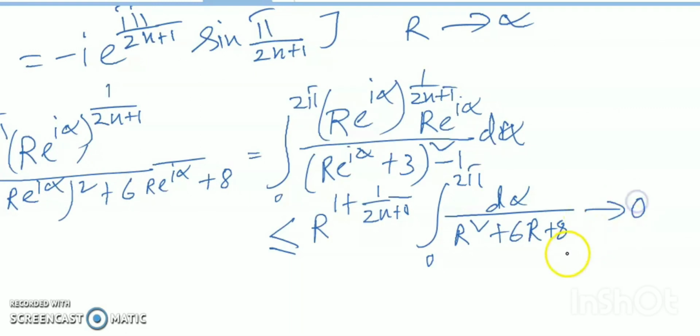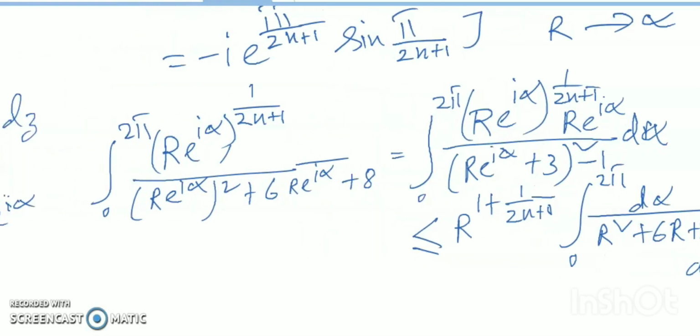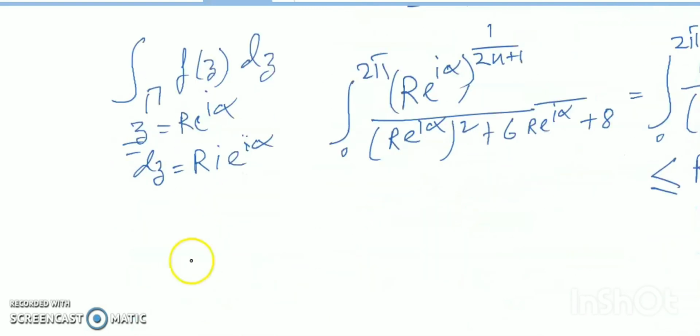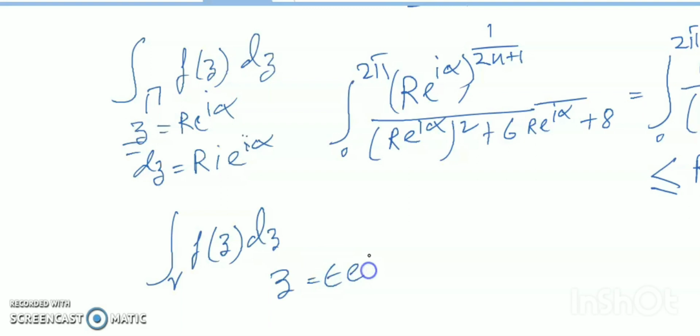Okay, so next, what is the value of the integral over gamma of f(z) dz? Okay, this is a very fine problem. So whatever I have to choose, I have to choose z equals epsilon e to the power i alpha. z is equal to epsilon e to the power i alpha, and so dz equals epsilon e to the power i into e to the power i alpha into d alpha.